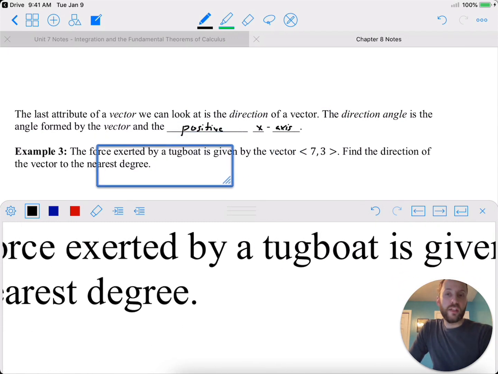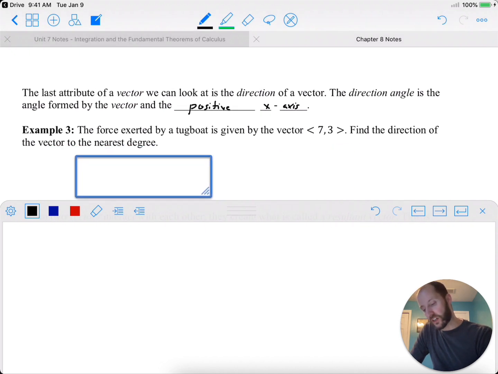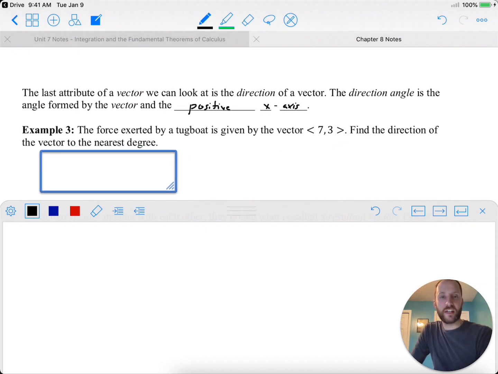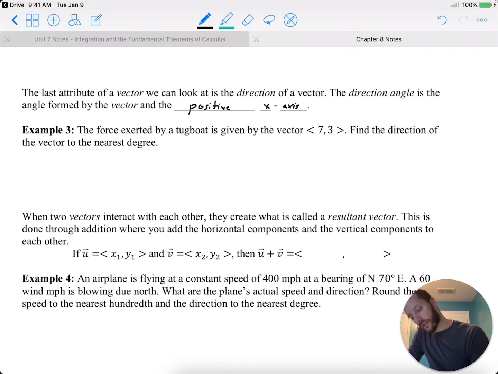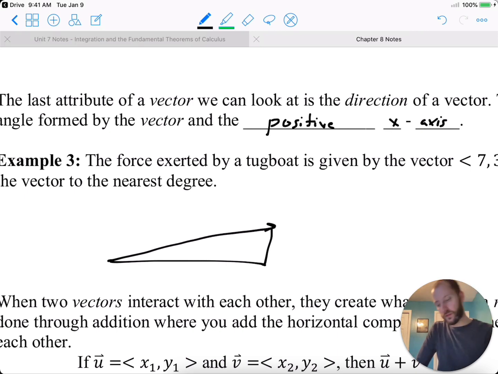So example 3, the force exerted by a tugboat is given by this vector <7, 3>. Find the direction of the vector to the nearest degree. So there's a vector.